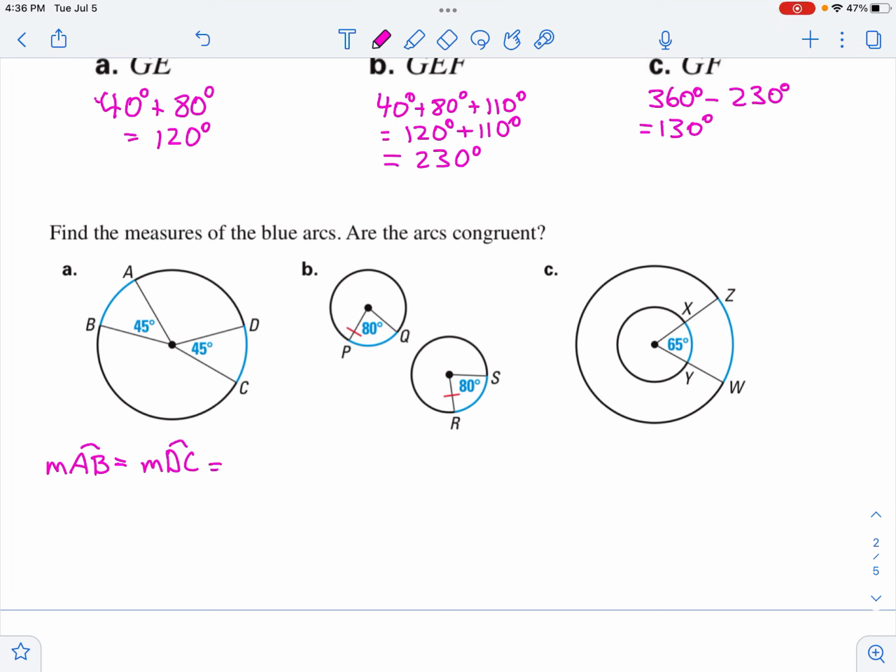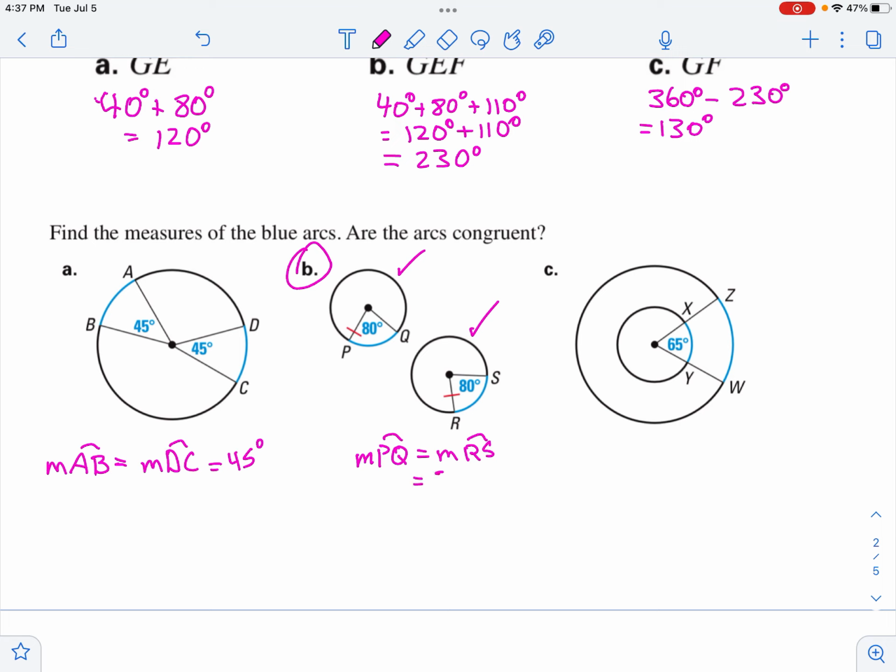They're both 45 degrees. And notice they're from the same circle. So we say obviously those two arcs are congruent. Now notice we've got part B. We've got circles that are congruent, and notice that the measure of PQ is equal to the measure of RS.